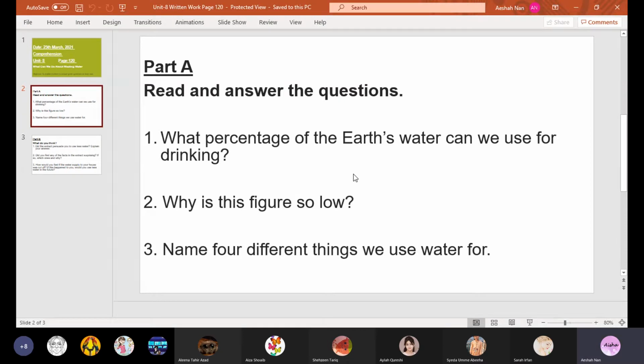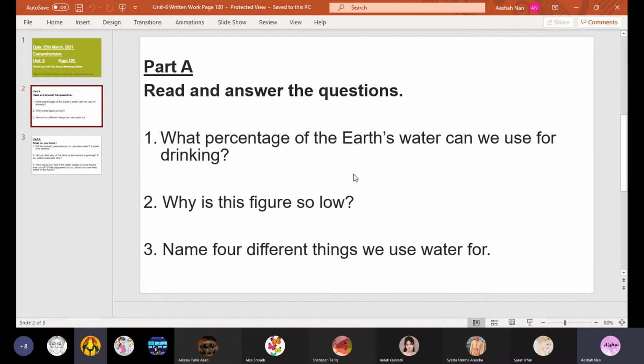Only write down the answers, don't copy the questions. Okay. 4% of the Earth's water can be used for drinking. Teacher, can you write we can drink 4% water from the earth? We can use, sorry, I didn't get you. Can you repeat, please?